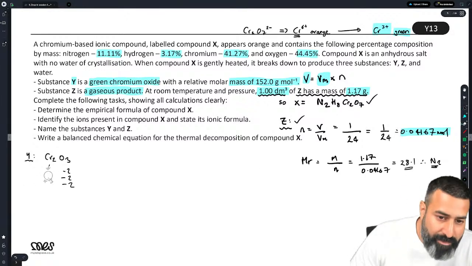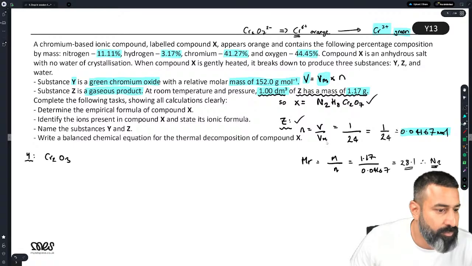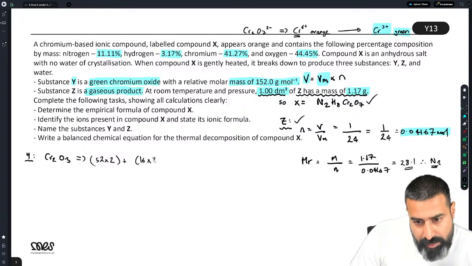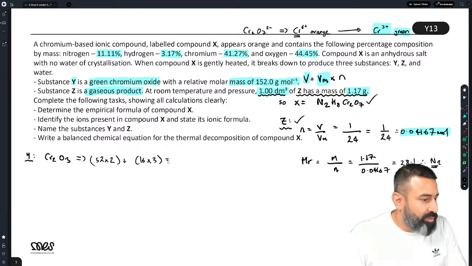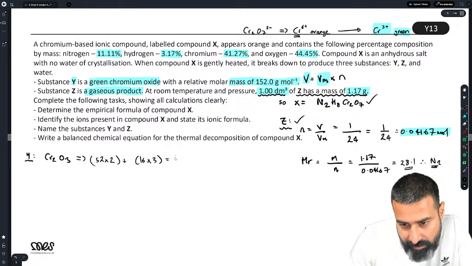So what is the molar mass of Cr2O3? Does it add up to 152? So 52 times 2 plus 16 times 3, does that give me 152? Well, if it gives me 152, hurrah, I'll take that. Whoa.